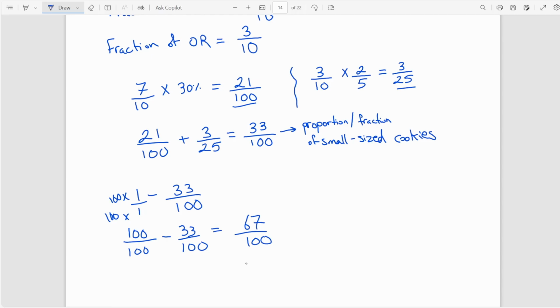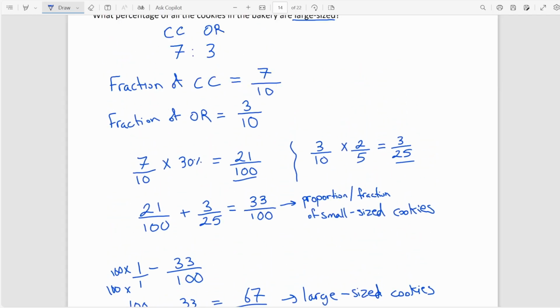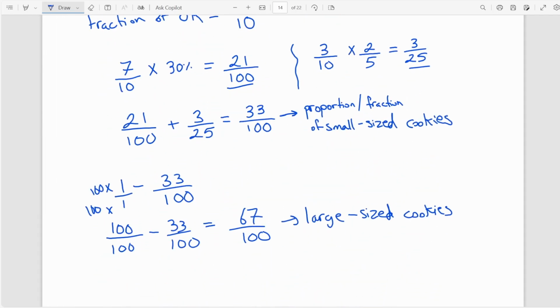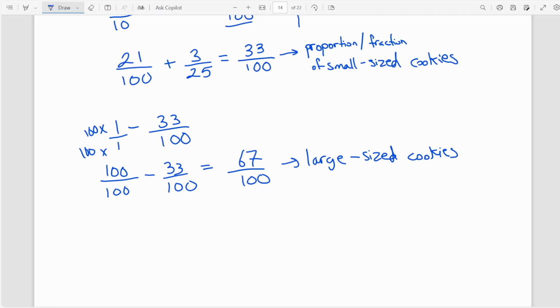So 67 over 100 is the proportion of the large-sized cookies. So now the question is asking for a percentage. I can just write this as a percentage. So 67 over 100 is just simply 67%. Okay, so this is the percentage of the large-sized cookies. I hope this was clear.